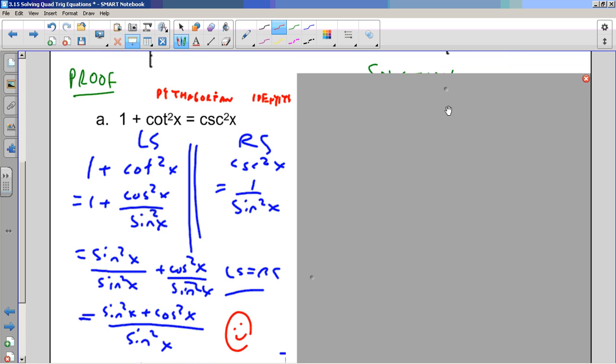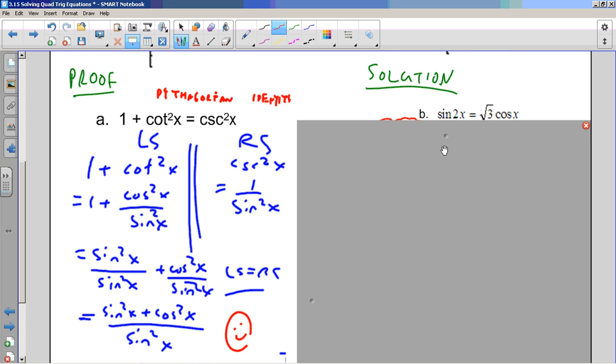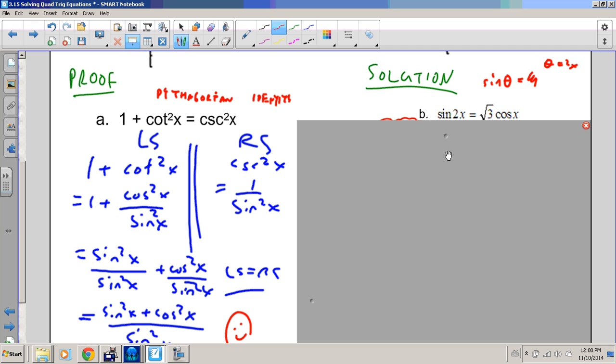The equation is something nasty. We're used to seeing only this part equals something. Even the sine 2x, where we said theta equals 2x, was kind of hard, but now we've got a mixture of 2 pieces. We just got going on this last day, and hopefully you had some success.